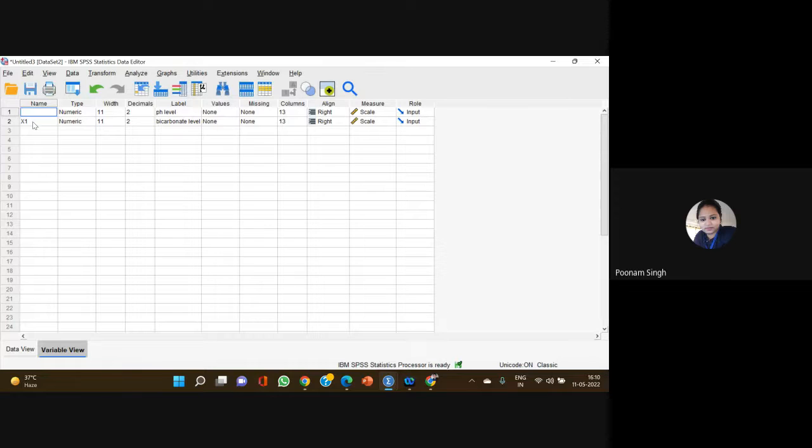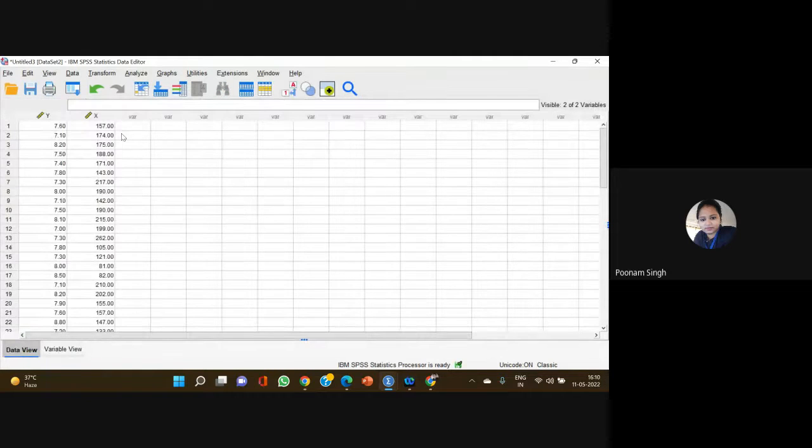I will change this to Y and the second one to X. Okay, so I have changed the data view. This Y was showing the pH level, as I have told you in the previous example, and X is showing the bicarbonate level.